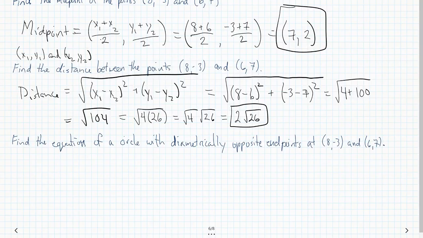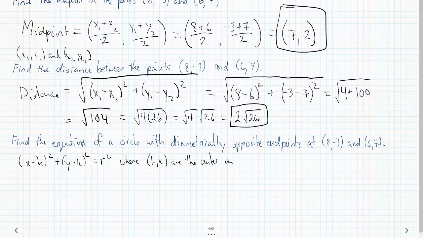So the equation for a circle is x minus h squared plus y minus k squared equals r squared, where h and k are the center, and r is the radius. Now the reason I chose this problem, I wanted to break it down so you could see each step.